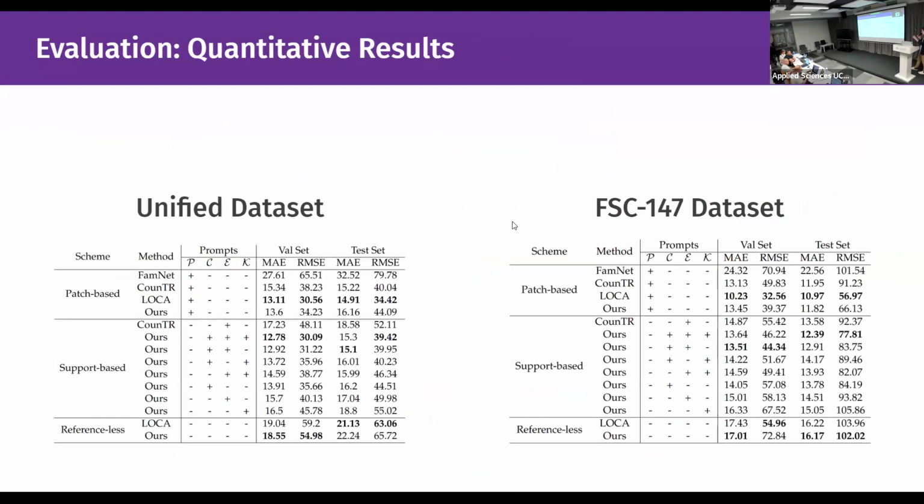Also, for real world applications, I would suggest that you would have similar object classes. For example, in the logistics domain, if you train on pallets and then want to count boxes or containers, the performance will be much better than here, because here we can train on animals and cars and count biological cells or something.